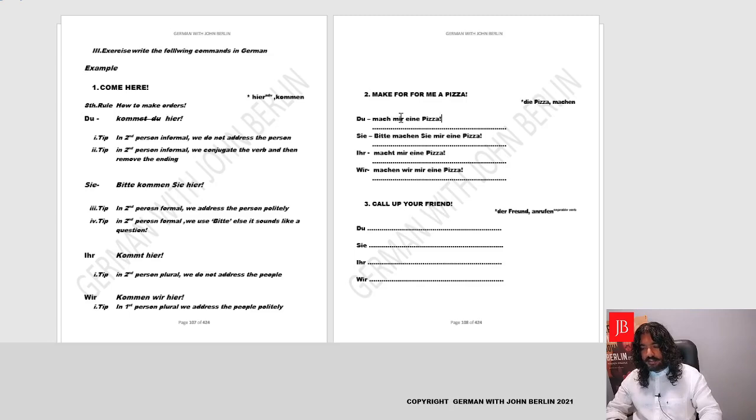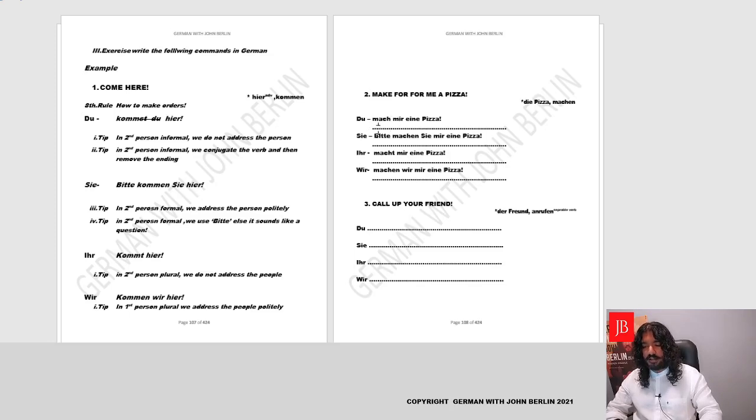So who makes, let's find out. Basically, we'll say du. So following the first rule here for du, we'll first begin with a structure. We'll put the verb in the first position, machen, conjugated for du, ich mache, du machst. Yes, and we'll remove the st. What will remain?